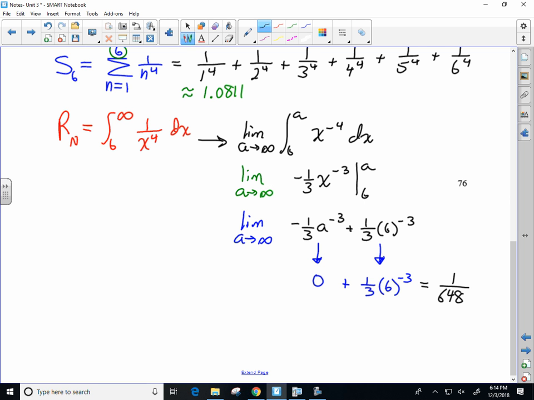All right. But what this is saying is that the 1.0811 would only be off by approximately 1 over 648. Right? I mean, that's not even a percent. So not much variation between what we got just by going out 6 terms and what the correct answer ought to be around. All right?